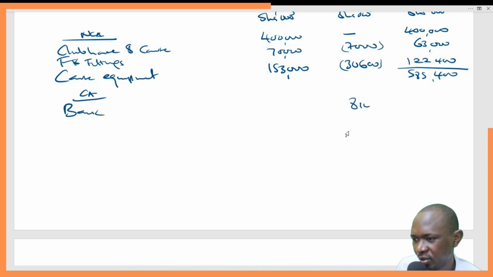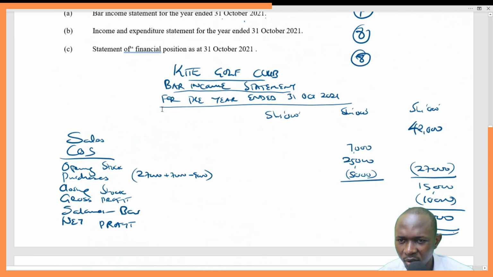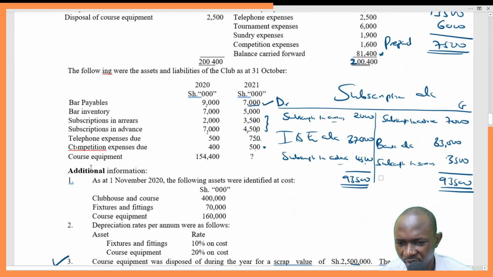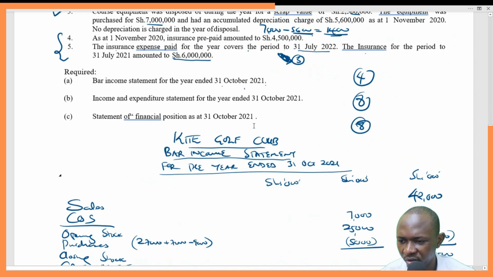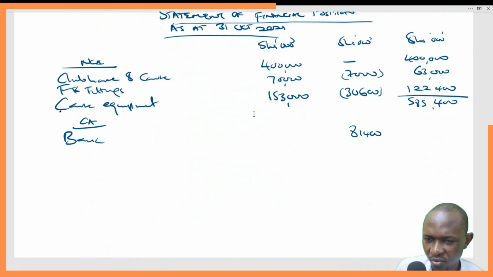Then I think we had some inventories. This is the closing stock. Inventory 5,000.